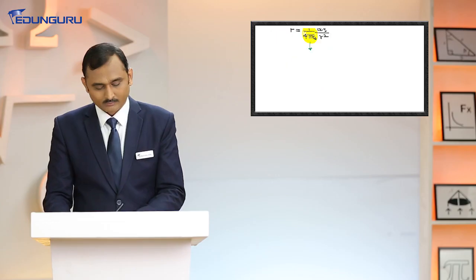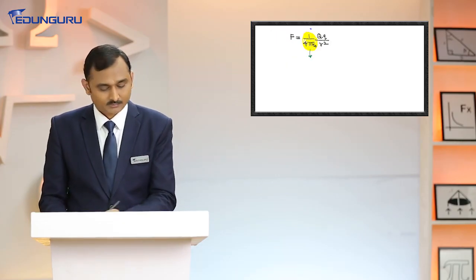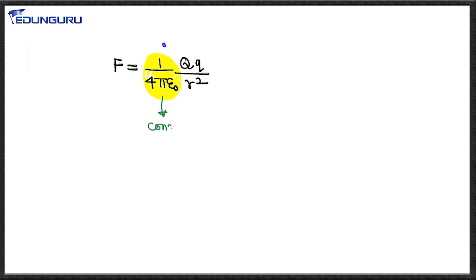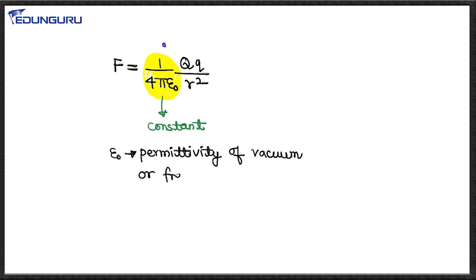We will discuss this when we study electrostatics, but this is a constant term, and epsilon naught is the permittivity of vacuum or free space, right?